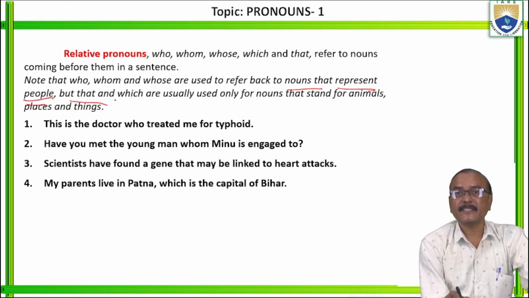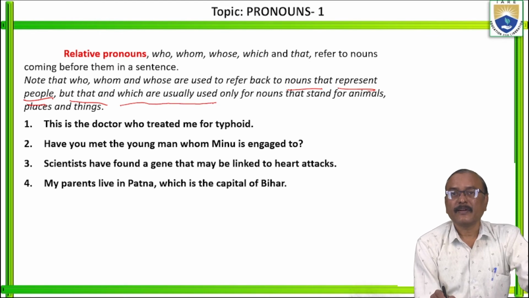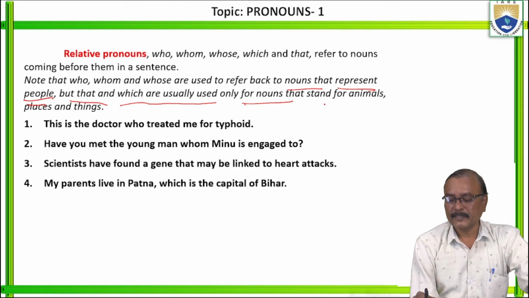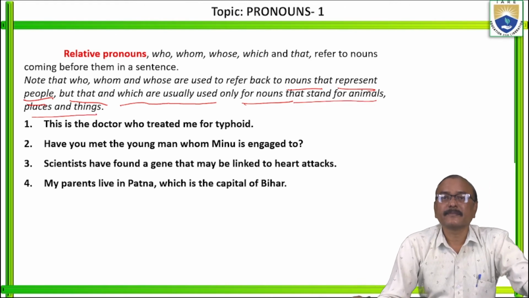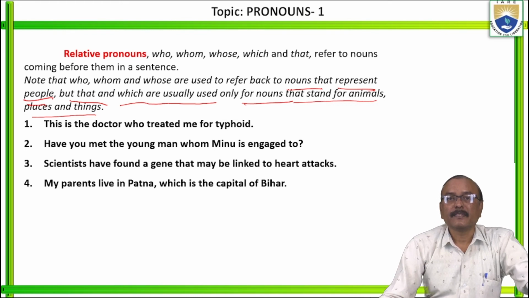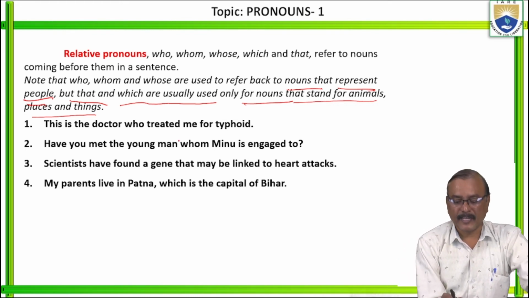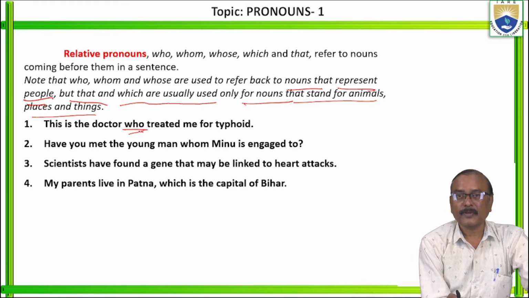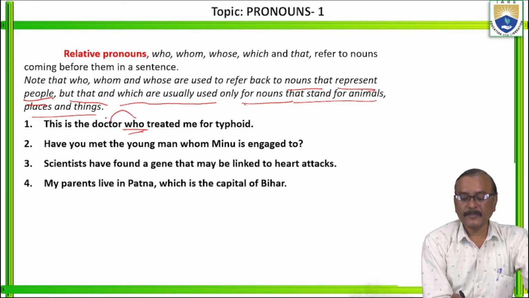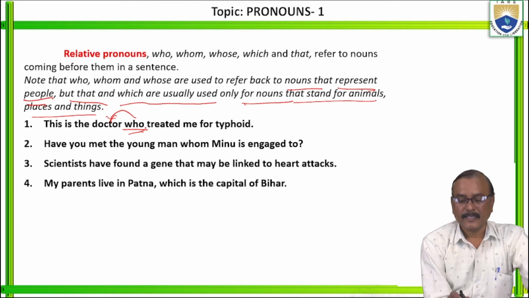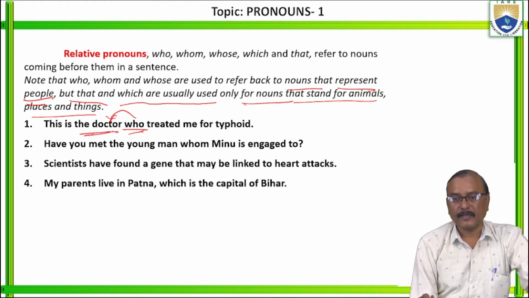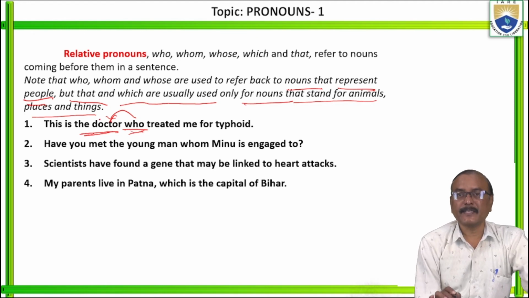But that and which are usually used only for nouns that stand for animals, places, or things. See these examples. This is the doctor who treated me for typhoid. Who refers to doctor, its preceding noun. Is it clear?